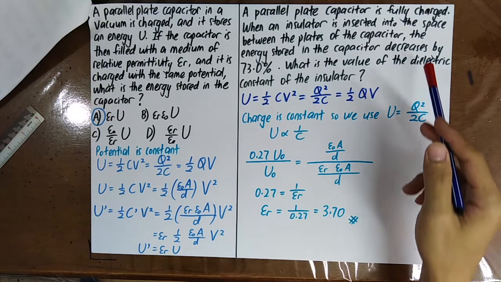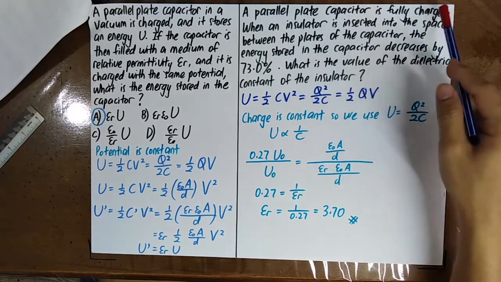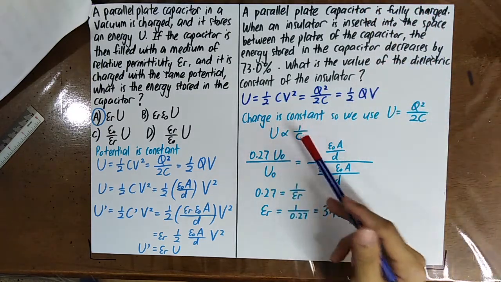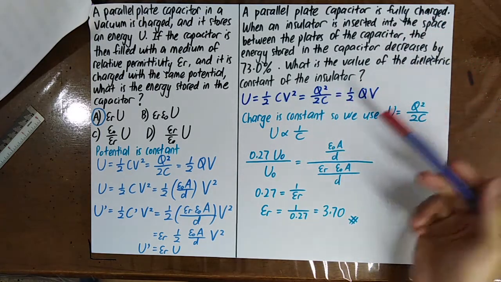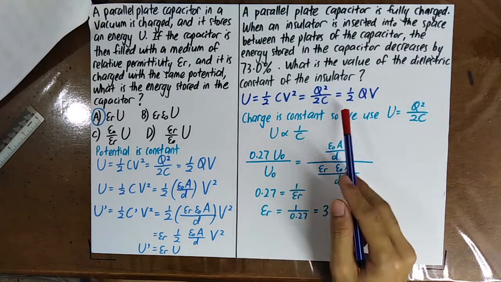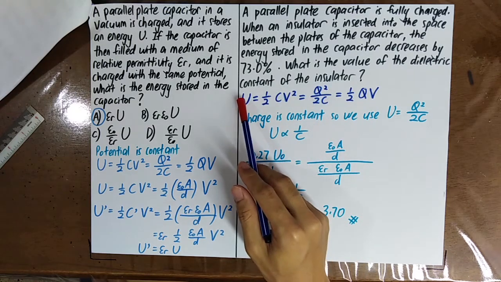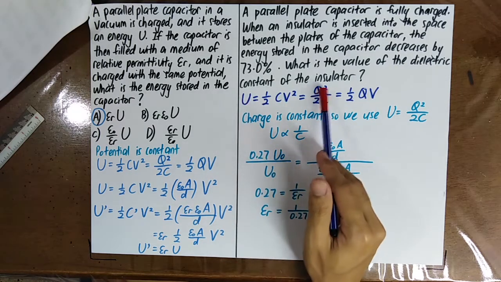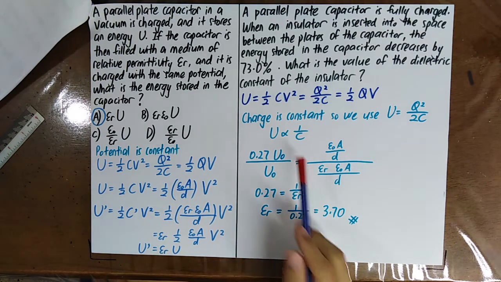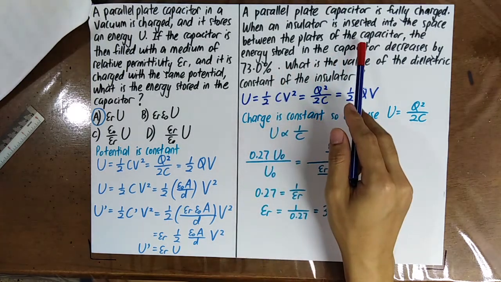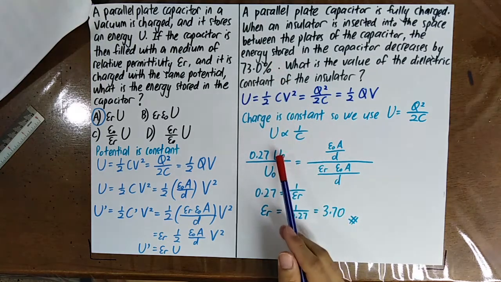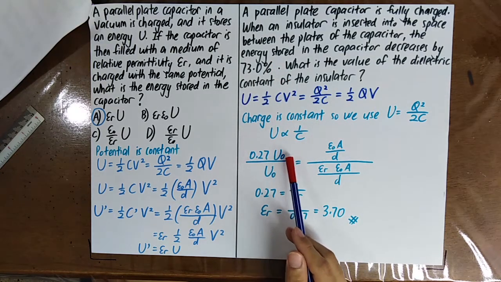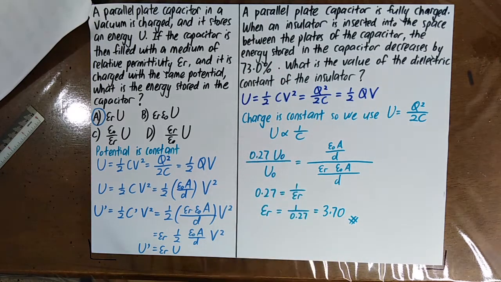When the capacitor is fully charged, the charge is already constant because it cannot get more charges. So when Q is constant, of course you use the formula U equals Q squared over 2C. The energy decreases by 73%, which means that 27% of the energy remains.